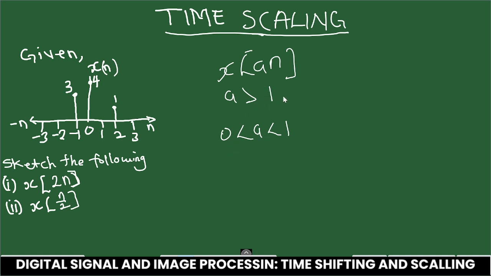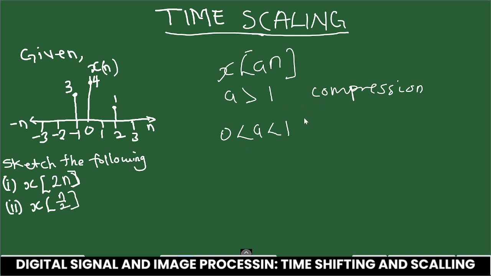When it has values greater than 1, we have what we call time compression. Unlike shifting, which changes the position of the samples, scaling either compresses or expands the signal.